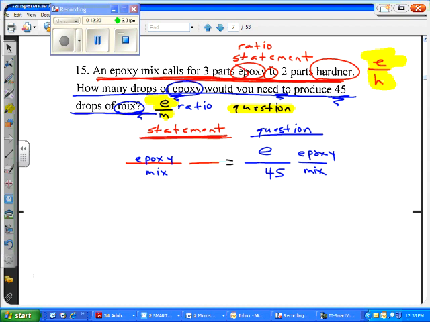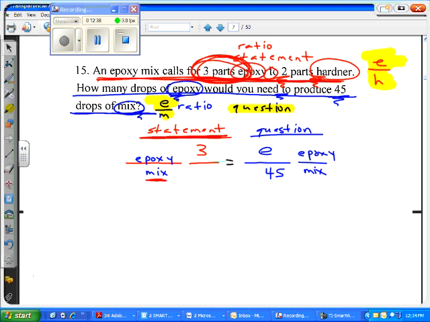The statement asks how much epoxy, and the amount of epoxy is 3 parts epoxy right there. So we put a 3. And then it says how much mix, but this 2 is not mix. That 2 is hardener. So how are we going to get mix?